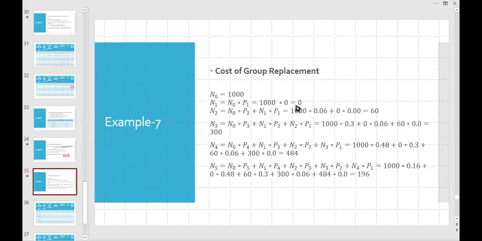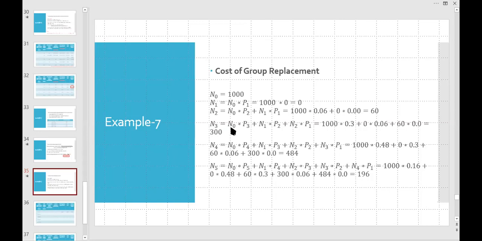For the second phase, which is 200 to 400 hours, probability 1 was 0 because in the first month no component failed, and probability 2 was 6%. So it is 1000 into 0.06 plus 0. So it is 60 quantity in the second phase, which is 200 to 400 hours.